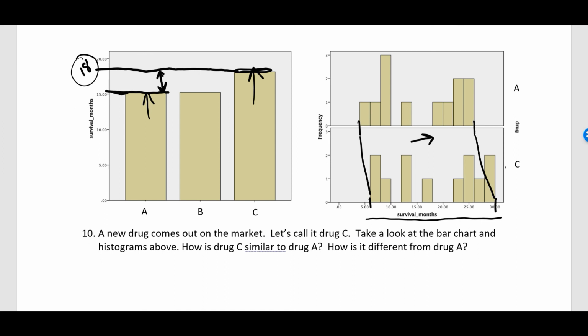Sure, you may not get there, there's a lot of variation, but still, it's almost like everybody's shifted up a little bit. And if you're wanting to live longer and longer is to the right, then drug C is the way to go. And it's even more clear on this bar chart that the average for C is higher than for drug A. And if you want to live longer, go for drug C.